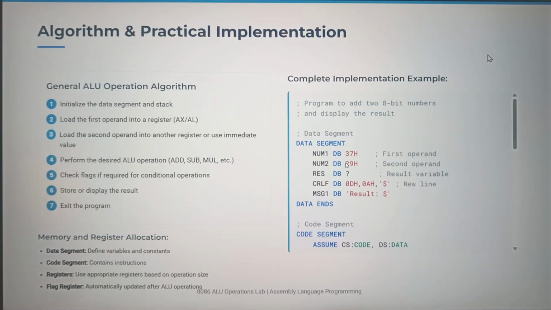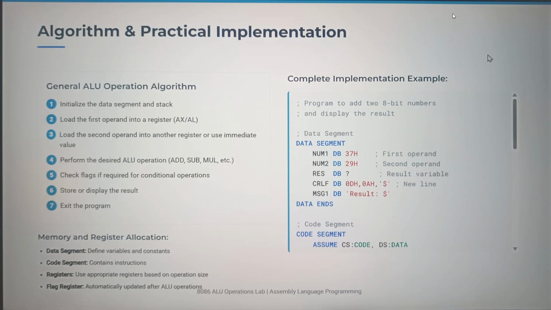Then the algorithm and practical implementation. What is the algorithm for performing all these operations? First we initialize the data segment and stack segment. Then we load the first operand into a register.